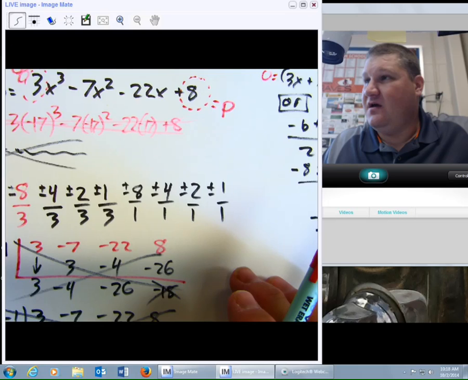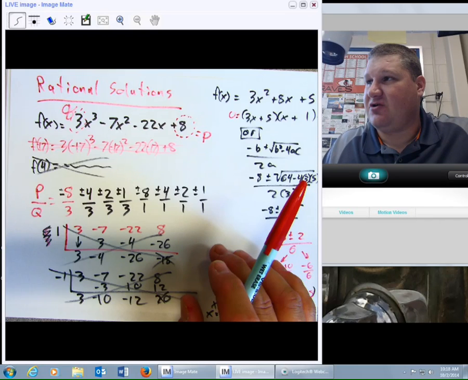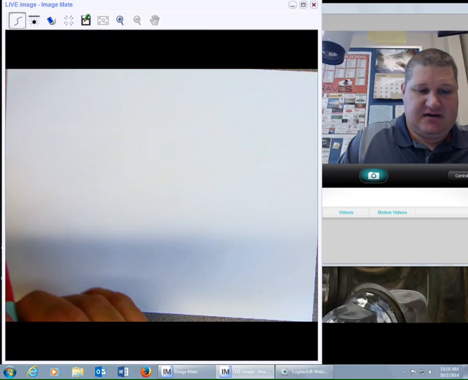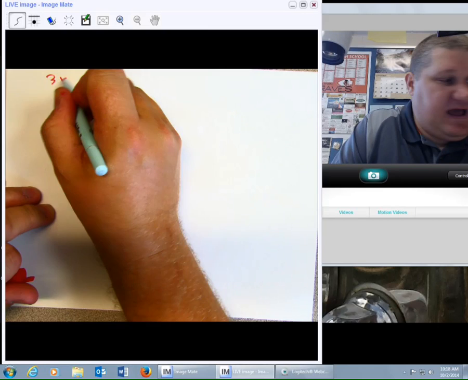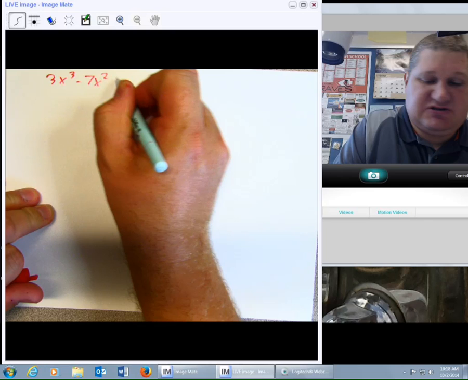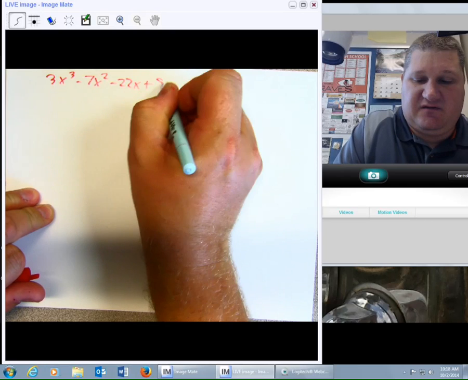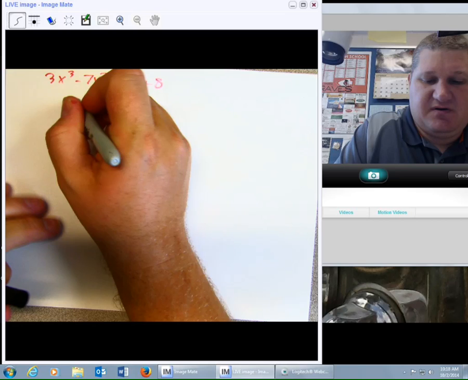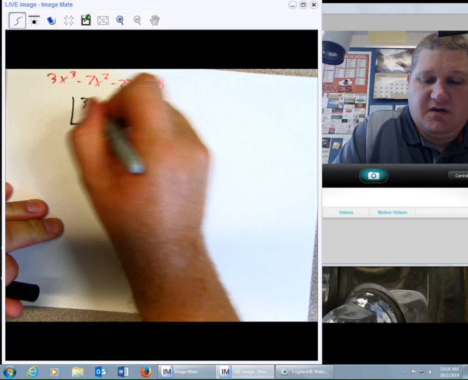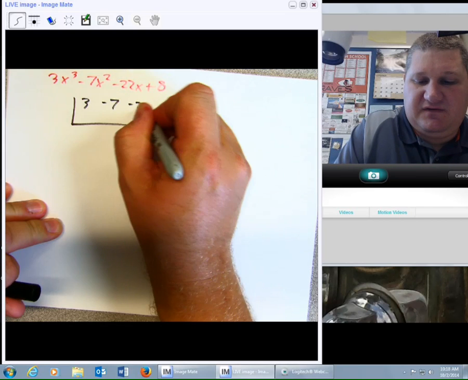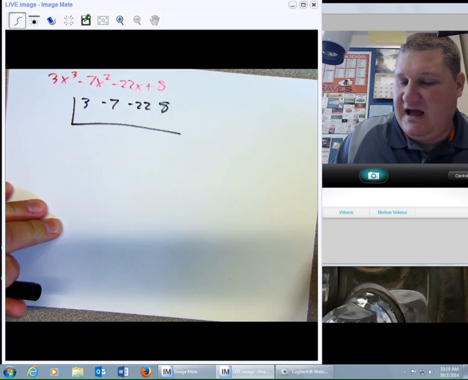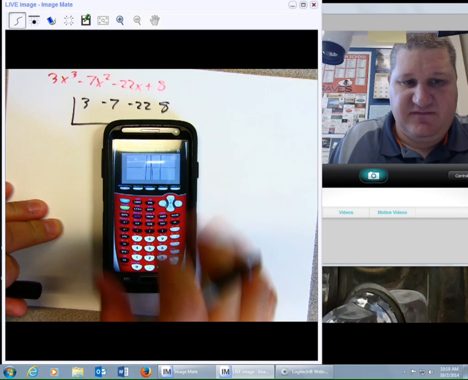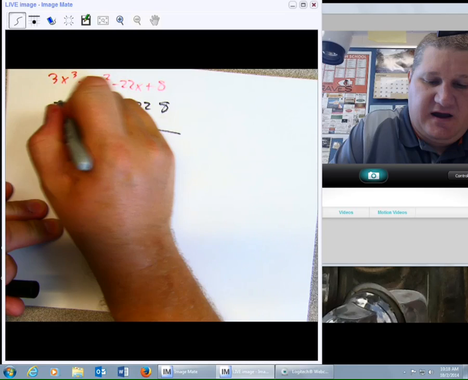So now instead of having 16 different options to try, maybe what I can do is simply take 3x cubed minus 7x squared minus 22x plus 8, and I want to try to divide that by something a bit more useful. 3, negative 7, negative 22, 8, and I said I think it was around negative 2, so let's try negative 2.